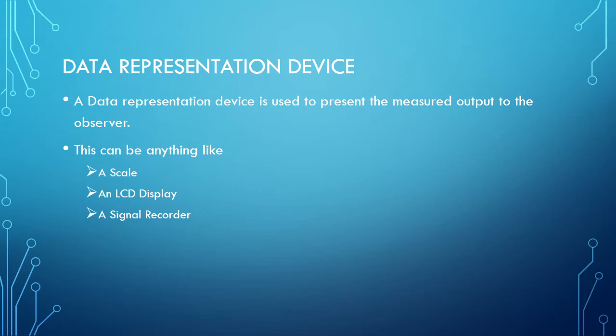A data representation device is used to present the measured output to the observer. This can be anything like a scale, an LCD display, a signal recorder, etc.